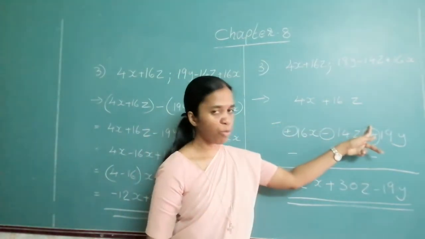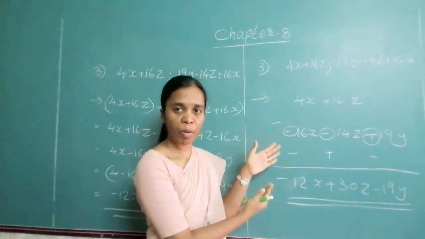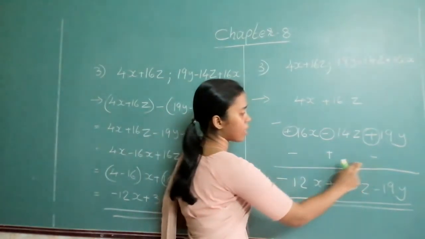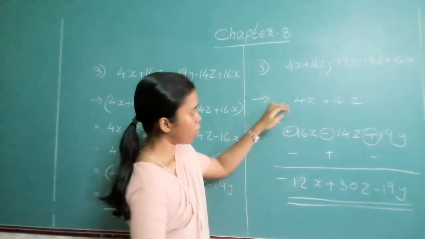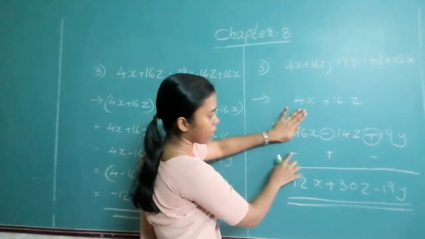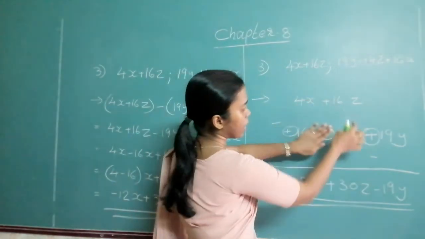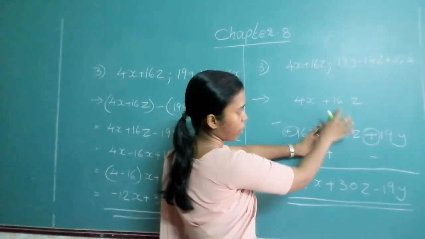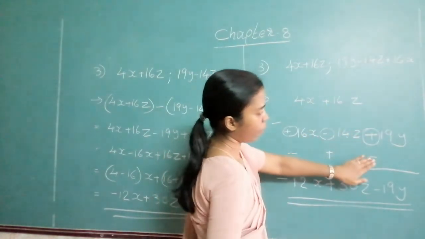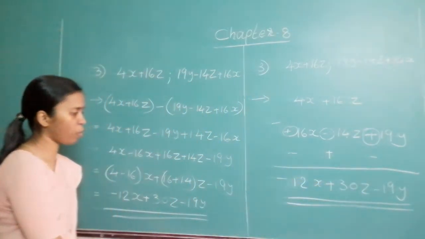The signs are different, answer is negative. Now when we have to do the operation, look at this sign that you have written below and not what is in the bracket. Okay, 4x minus 16x, minus 12x, 16 is there plus 14, so plus and plus, plus 14 and 16, 30 is there, minus 19y. So this is the answer. Please copy.